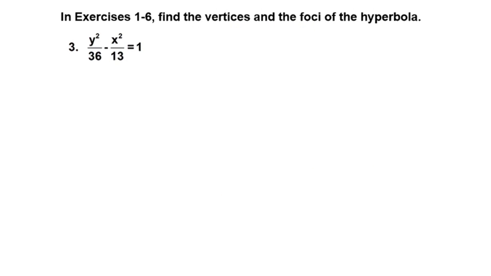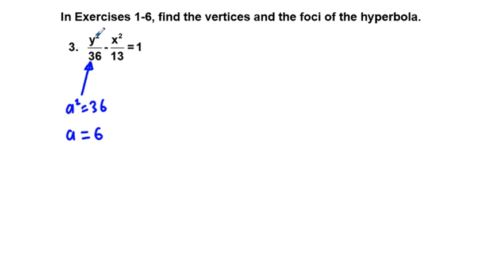The next odd number problem we're going to look at is 3. And 3 is going to take a slightly different version, in that our a squared is going to be 36. So therefore a, which is our semi-major, or I should say semi-transverse axis, is going to be the square root of that, or 6.